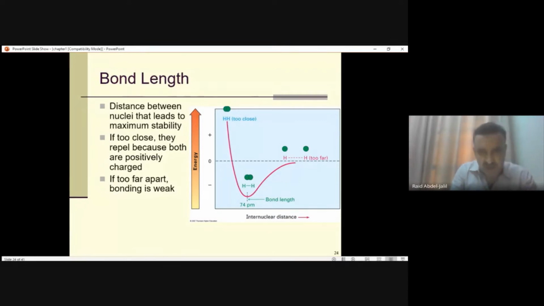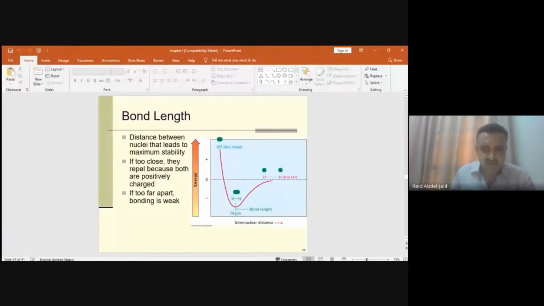The summary is that when a bond is made, we have more attraction forces, and that means the energy will always drop down until the maximum drop of energy is achieved.